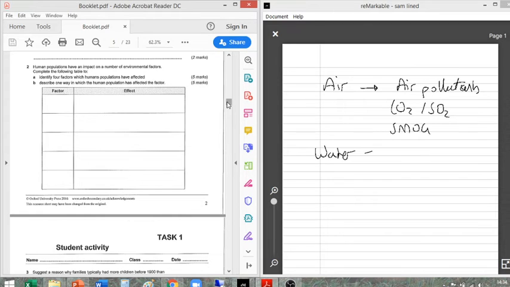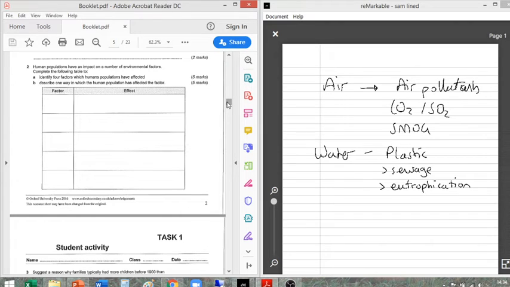Maybe the factor you went for was water. Water pollution. Maybe, the classic thing nowadays is all things plastic. But maybe you also talked about sewage. I'd be very, very impressed if anyone talked about eutrophication. Eutrophication is going to be the focus of one of your lessons next week.